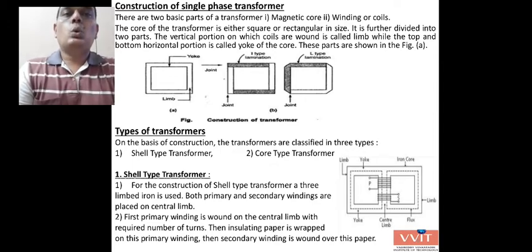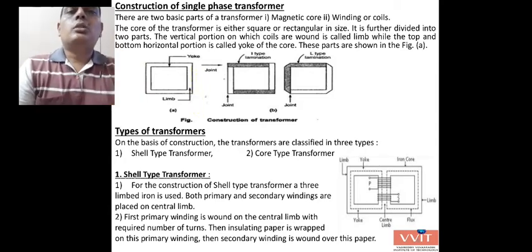The vertical portion of the core, on which the coils are wound, is the limb, and the top and bottom horizontal portions are called the yoke. The top and bottom are called yokes, whereas the vertical ones are called limbs in the transformer.